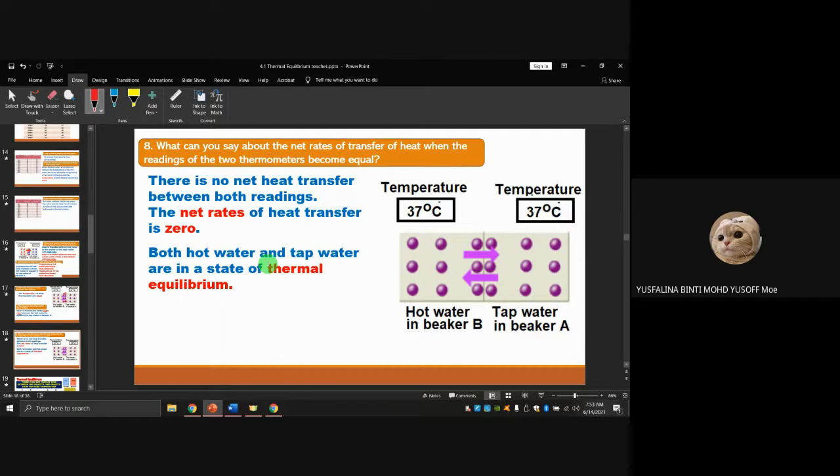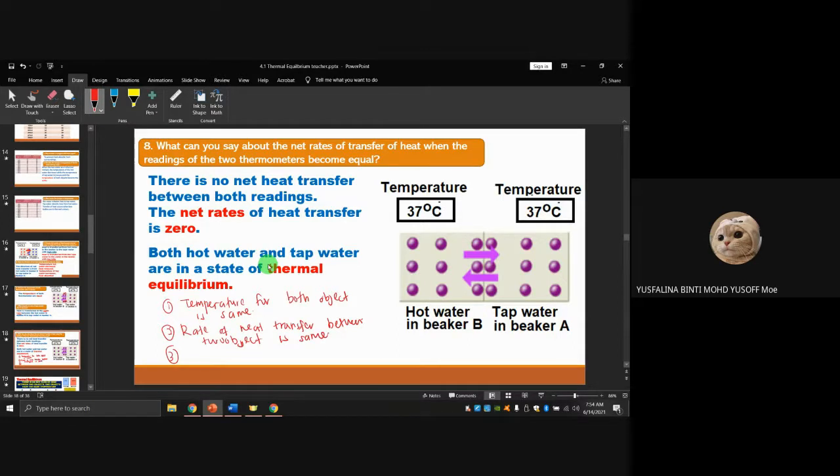Let's say in the exam they ask you the meaning of thermal equilibrium. You can answer with these 3 sentences, which you need to remember. The temperature of both objects is the same. The rate of heat transfer between the two objects is the same.